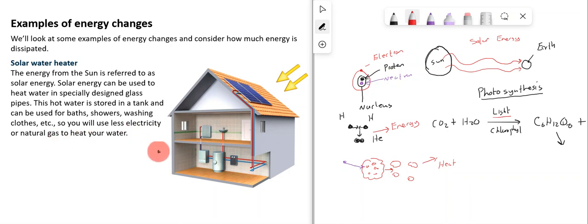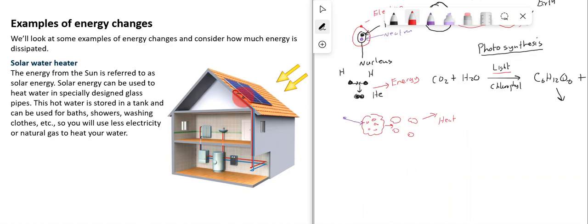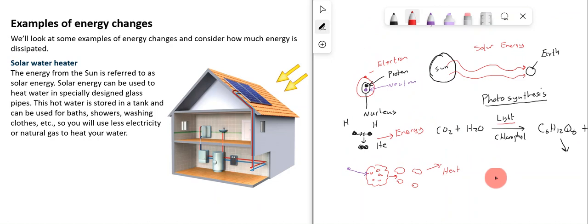So instead of us, for example, turning on the immersion, we can take solar energy and convert it into heat energy in the water. So you're getting this change of energy. It's changing from one form into another.